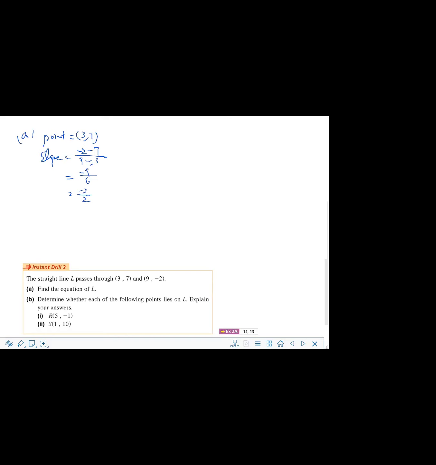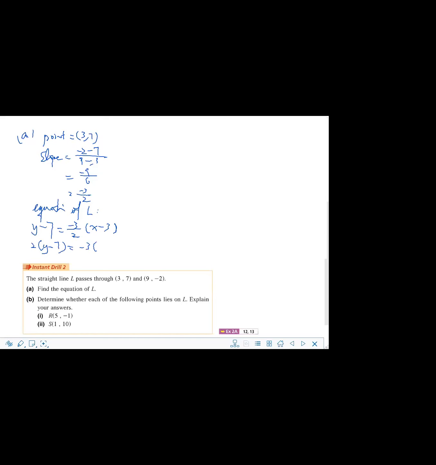Okay, and then the equation of L will be y minus y1 equals m times (x minus x1). Okay, and then multiply the 2.